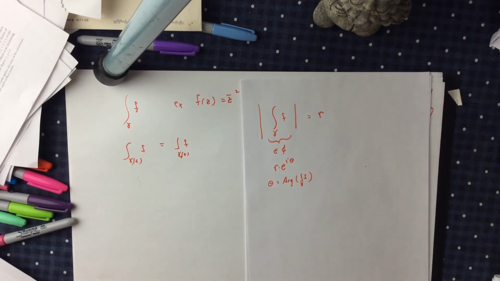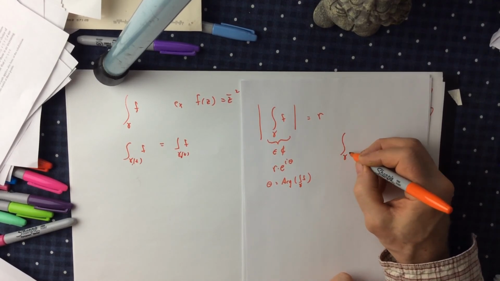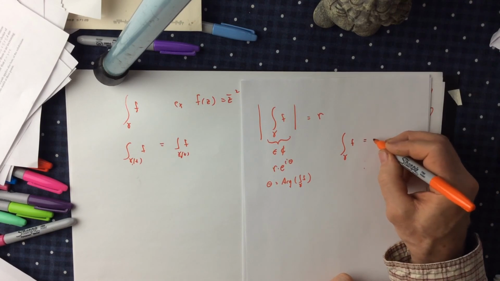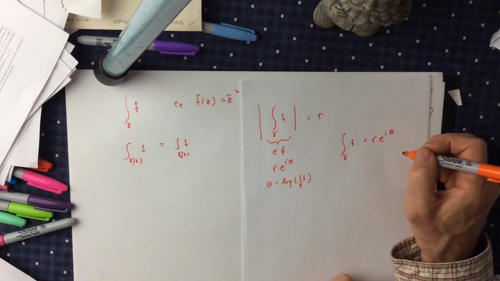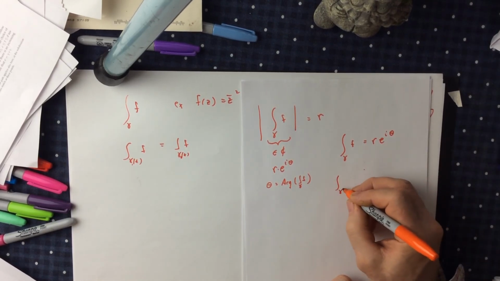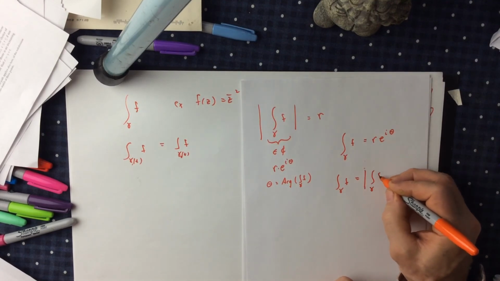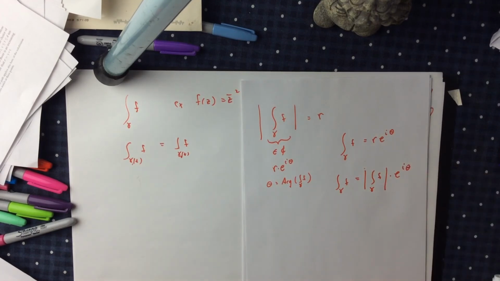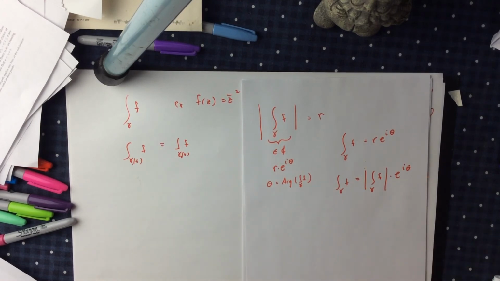So how about I write this? If we start with the integral over gamma of f is my complex number, which is r e to the i theta, which is called the argument of that number, we've just identified that r is this thing that we have this fancy expression for. So whatever that number is, its modulus is just the r of its polar form.